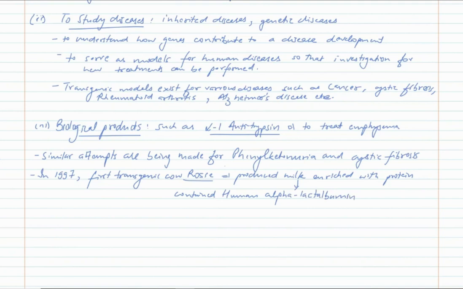This milk was more nutritious and balanced compared to natural cow milk. This human alpha lactalbumin is present in normal cow milk, but in Rosie's milk it was present in increased quantity. It was enriched with this protein, so it was more nutritious.